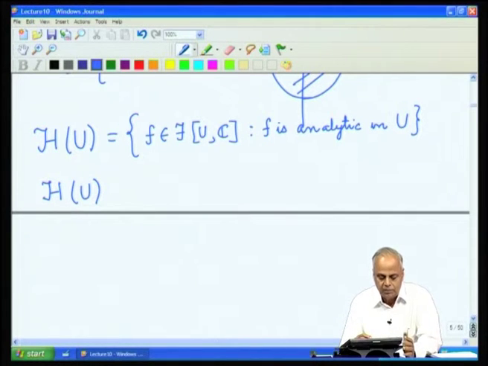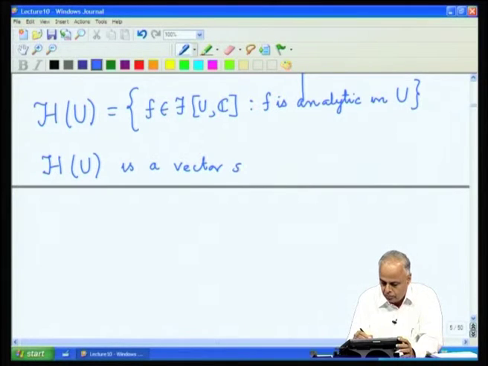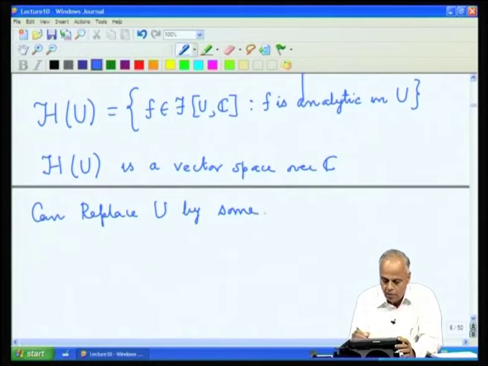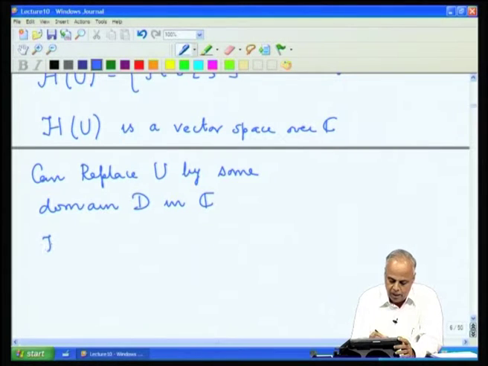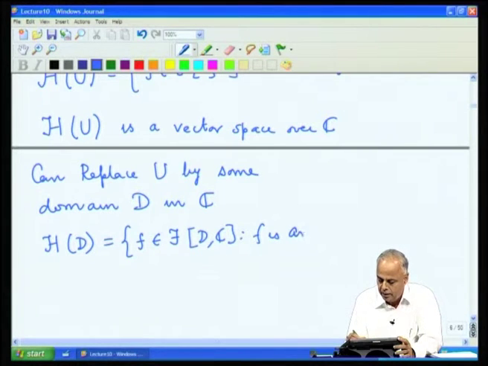If you multiply an analytic function by a complex constant, the result is again an analytic function. So, H(U) is a vector space over C. Now, we can replace U by some domain D in the complex plane C, and then we get H(D), the collection of all analytic functions, which are functions from D to C such that f is analytic in D.